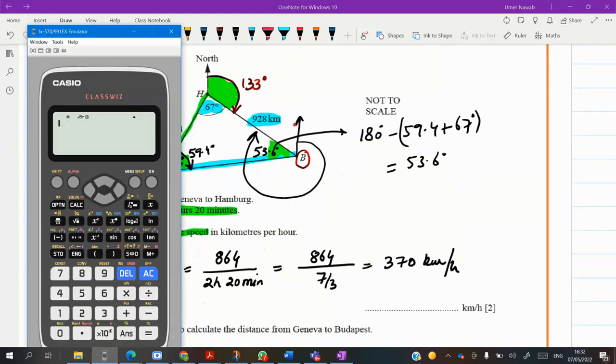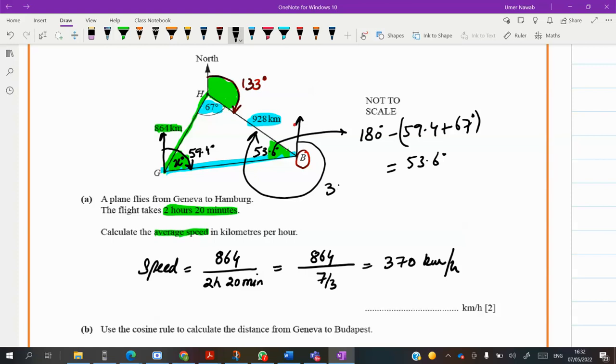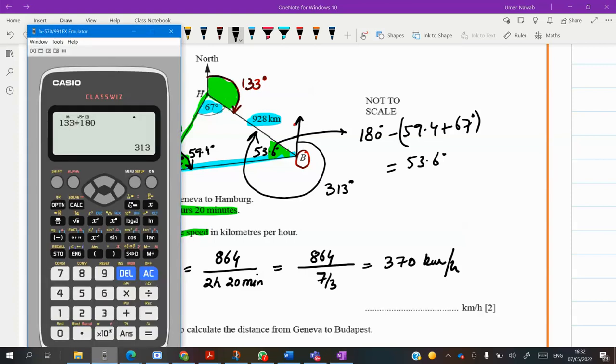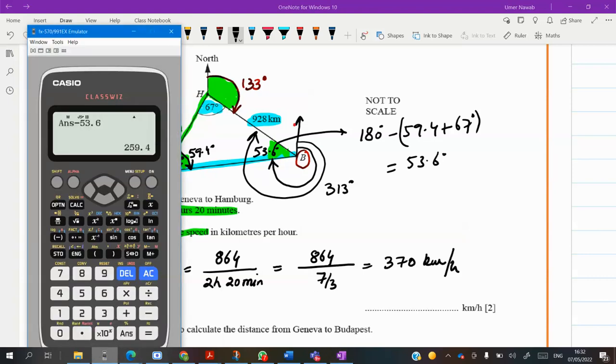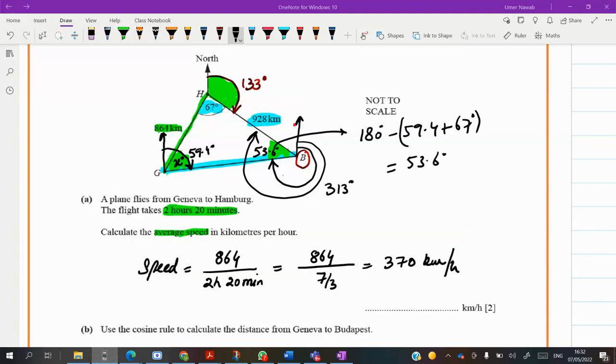Maybe we are going to use it. 133 plus 180 gives us 313. So 313 minus 53.6 gives you this angle, and that is 259.4.